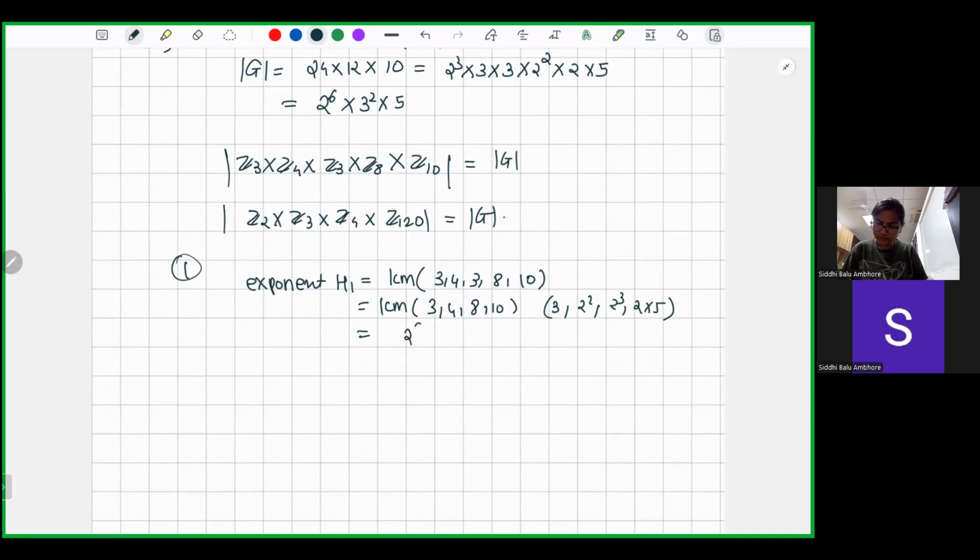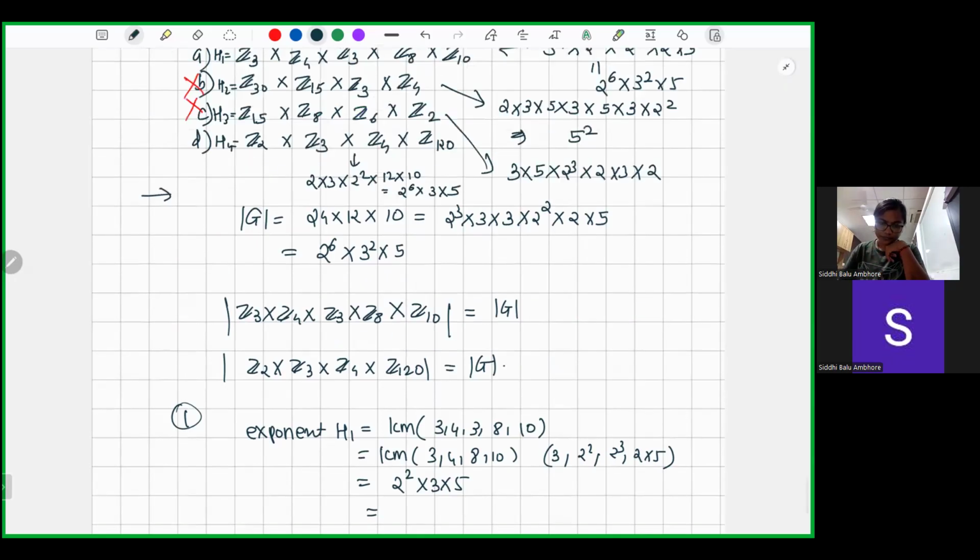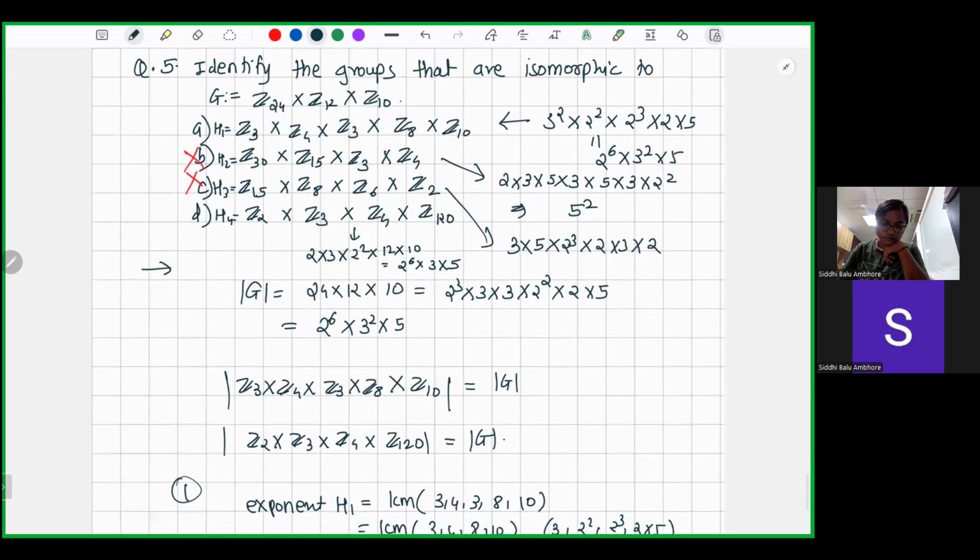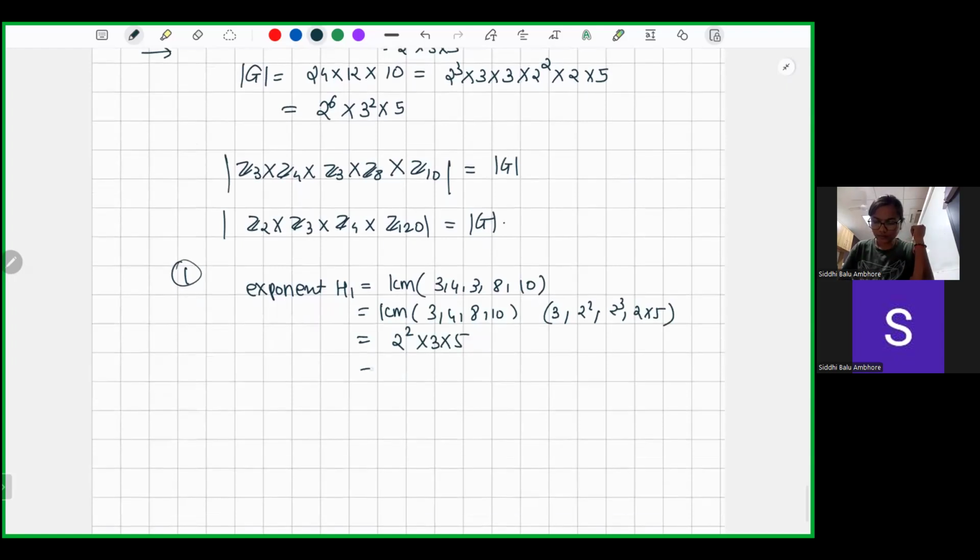This is 2 cube, 3 into 5. And this is 120.